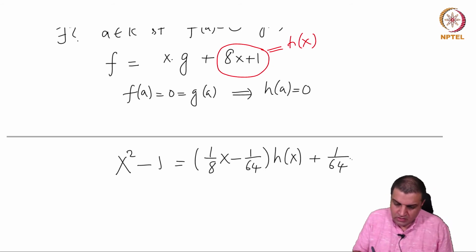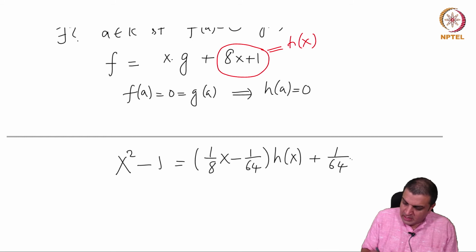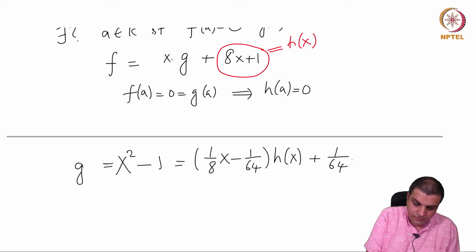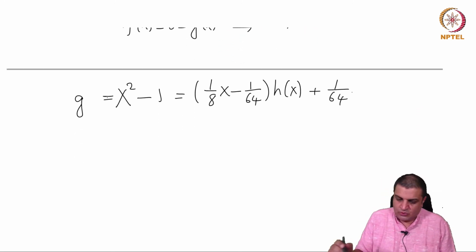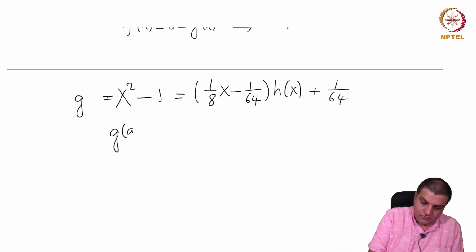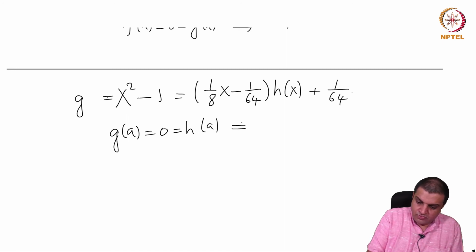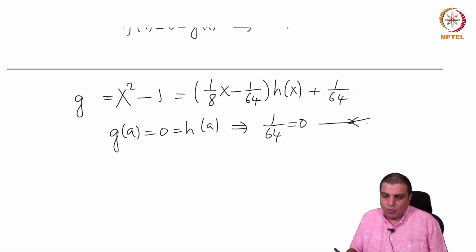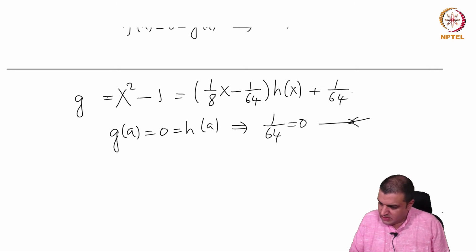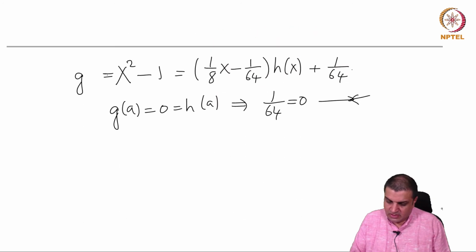Okay. So this is what we have. So if g of a is 0 and h of a is 0, then 1/64 is 0. This is a contradiction. So what does that say? It says that the system is inconsistent.